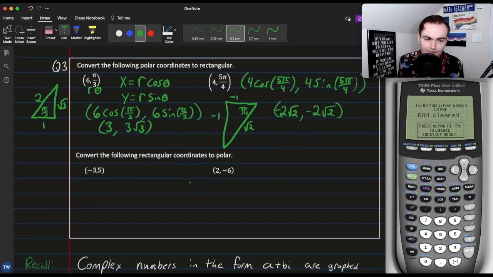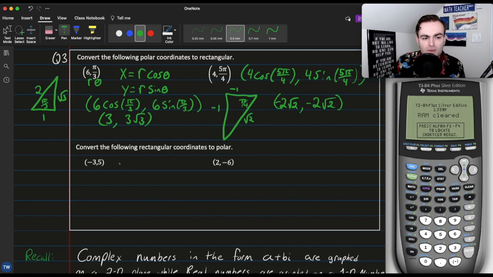What about the other way? Well, we know that r is equal to the square root of x squared plus y squared, and we know that theta is going to be equal to tangent inverse of y over x. It's the slope, so it's the y over the x, right? All fine and dandy. R, not that hard to do.